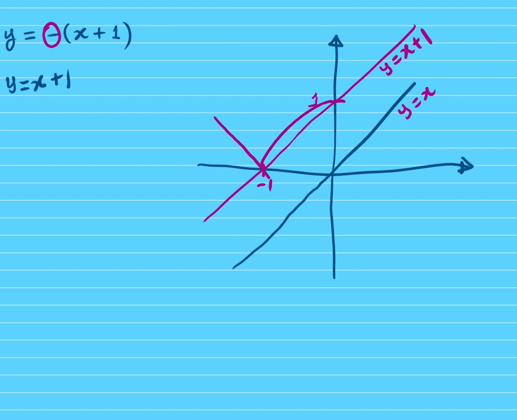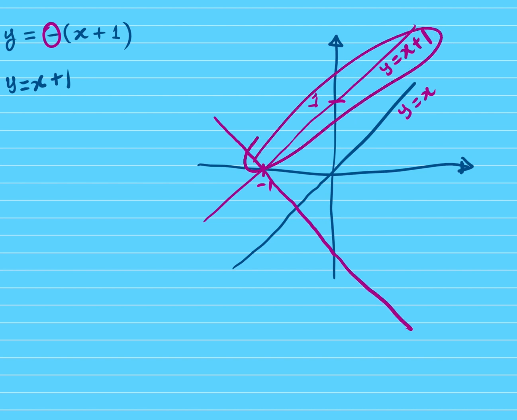This part here obviously will go down. So you have this, and yeah, it's just going to continue that way down. So what I've done is reflect that in the x-axis to give this part, and this part I've reflected in the x-axis to give this part.